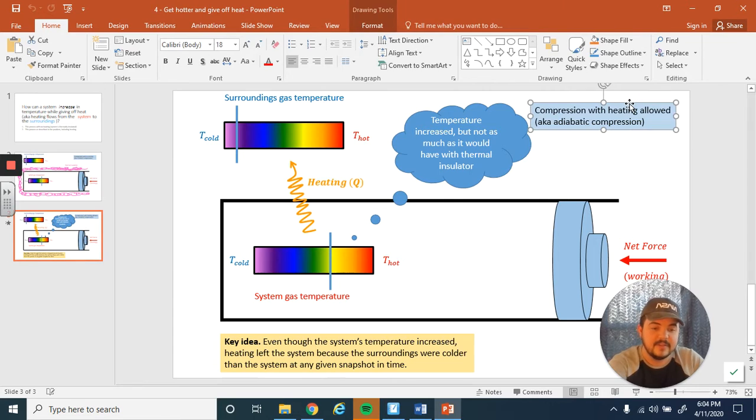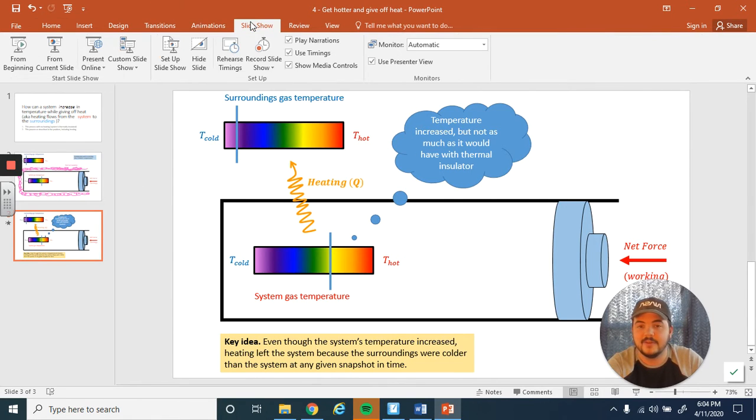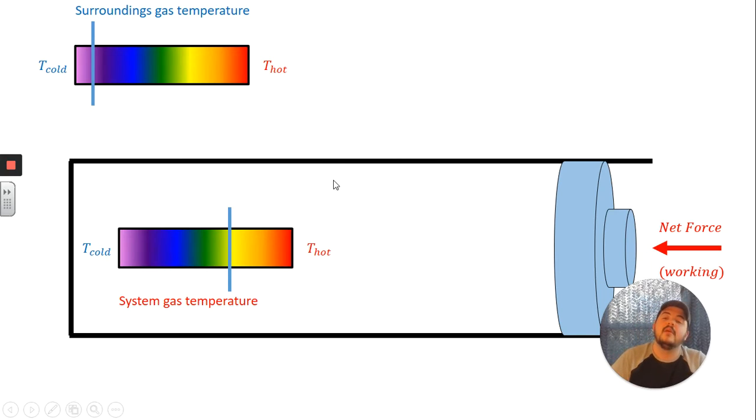Let me delete it. That was copied over from the last slide that no longer applies. So this should increase because the piston is compressing the gas. However, because this temperature is at a hotter temperature than the surroundings, we should also see a flow of energy from the system out to the surroundings because of that temperature gradient between the system and the surroundings.